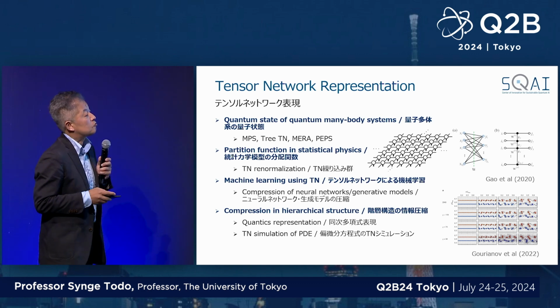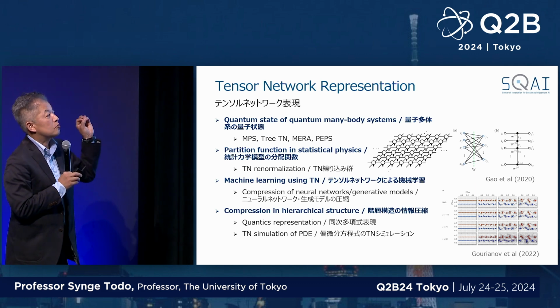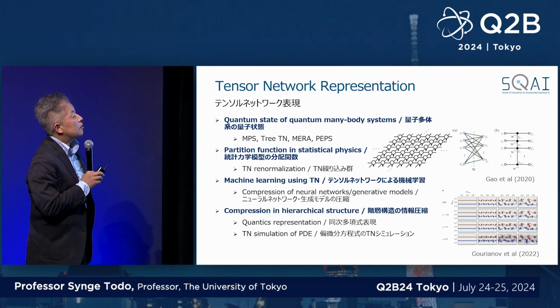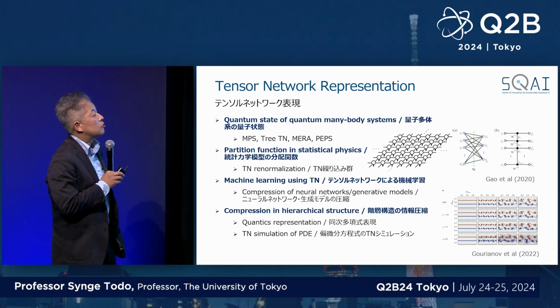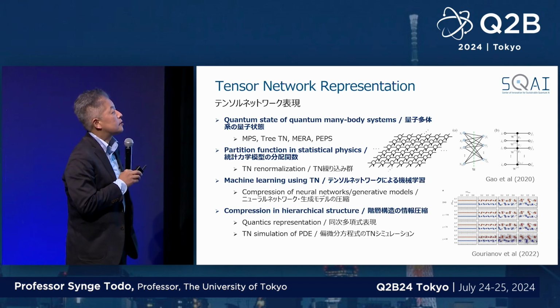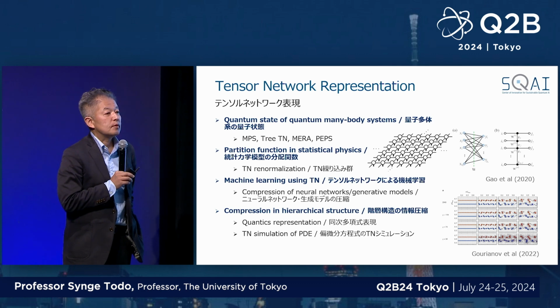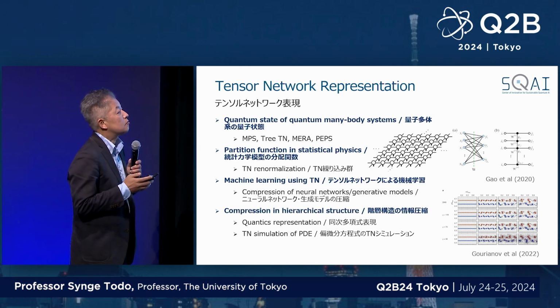Extracting information, often referred to as renormalization in the physics world, extracting the most important information, is also possible. Recently, tensor networks are being applied to other technologies like machine learning. Basically, a matrix can be replaced with a tensor network.